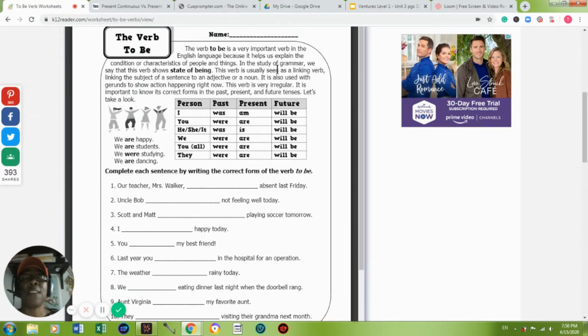In the study of grammar, so when we study grammar, we say that this verb shows a state of being. If you remember in class, I talk about to be a lot when I say that it shows an existence, right? We exist. So that's what a state of being is, okay?